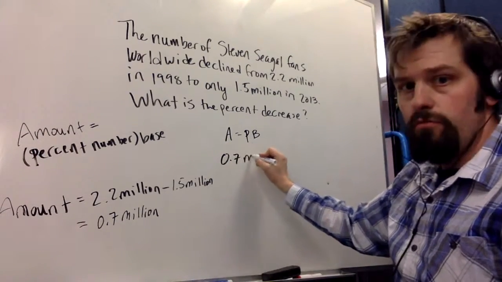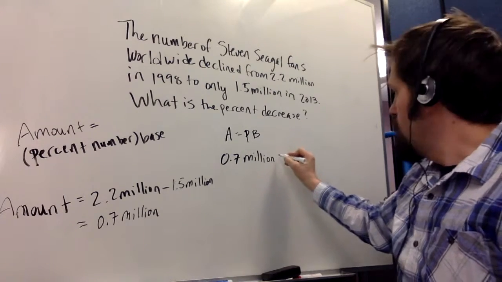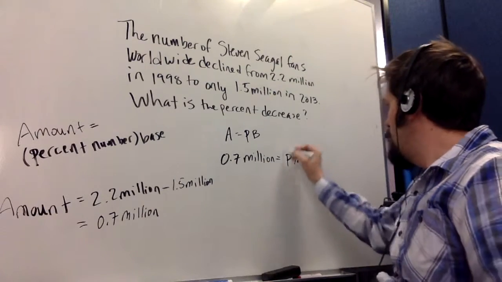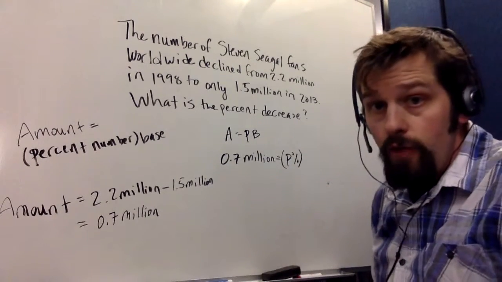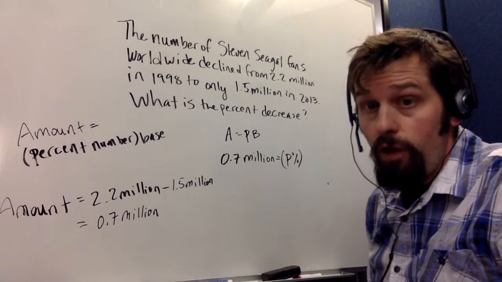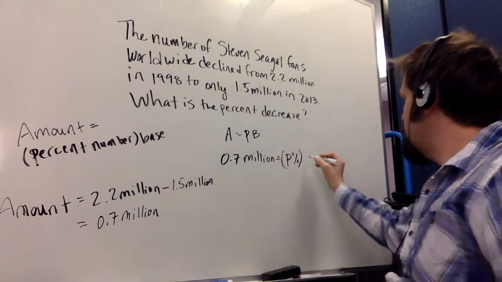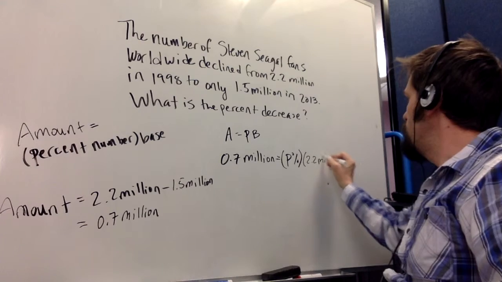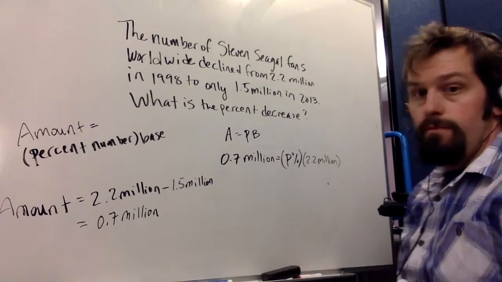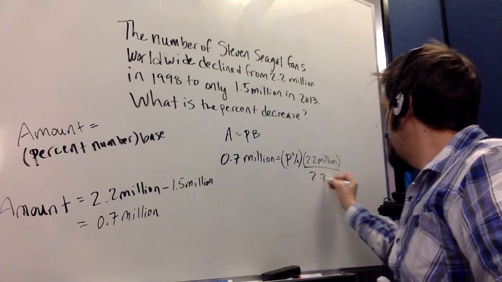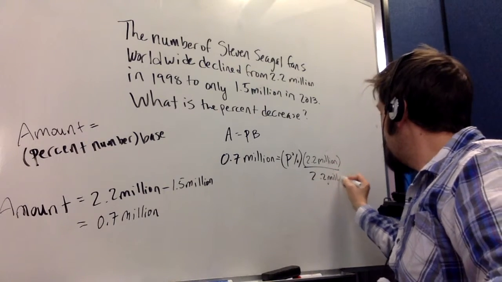0.7 million equals P percent. We don't know the percent. And we're going to multiply that by the base, which in a percent increase or decrease problem will always be where we started. We started at 2.2 million. So to find P percent, we divide both sides by 2.2 million.